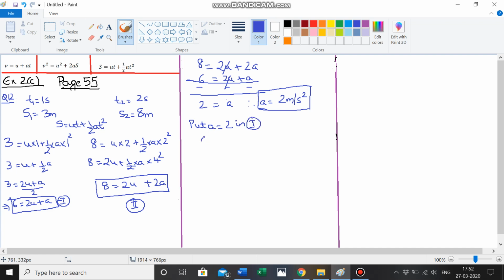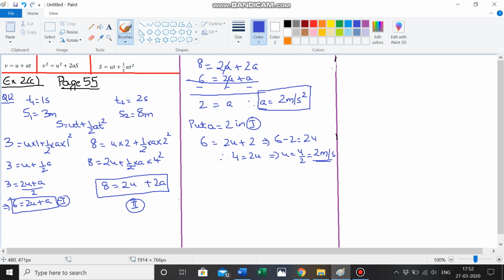And what do I get? 6 is equal to 2u plus 2, which means 6 minus 2 is equal to 2u. Therefore, 4 is equal to 2u, which means u is equal to 4 by 2 is equal to 2 meter per second. So the initial velocity is 2 meter per second and the acceleration is 2 meter per second square.